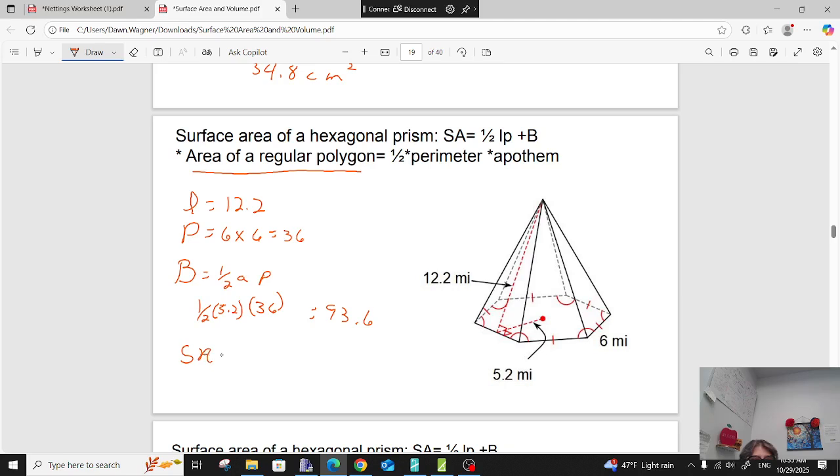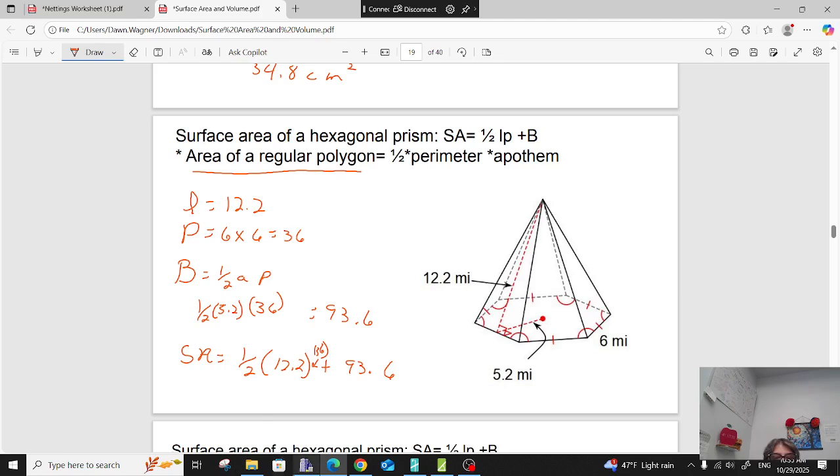Surface area equals 1/2 times 12 times 2 plus 93.6. I missed something. Perimeter should have been right here. Sorry, I got distracted. 36 should be right there.